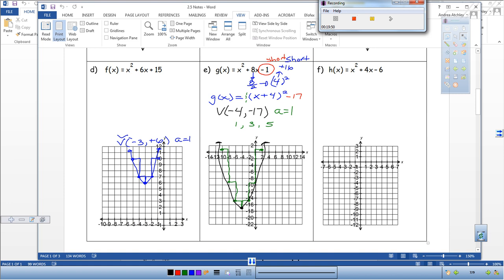Yeah, because isn't a half 1? The A value is 1, right? So from here to here is 1, from here to here is 2, from here to here is 3. I'm not going up a half, so I'm not just going to go here, because that's a half. I'm going to go up the full step, because A is 1. If A was a half, that's how I'd move. But A is not a half.